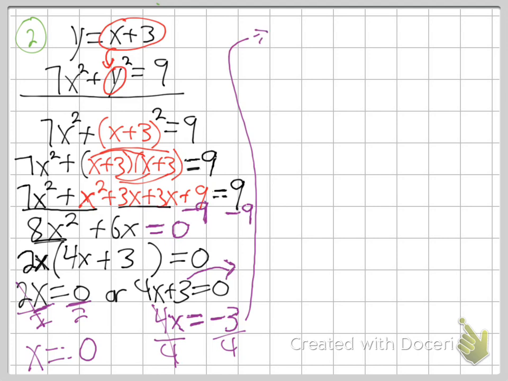And I'll take the first one. So x is 0. And then the second one. X is negative 3/4.